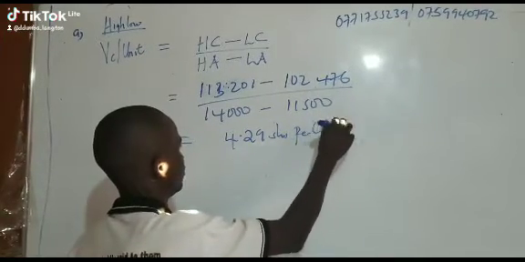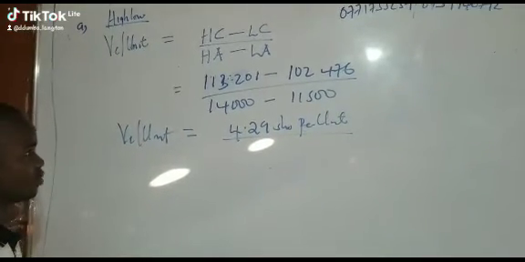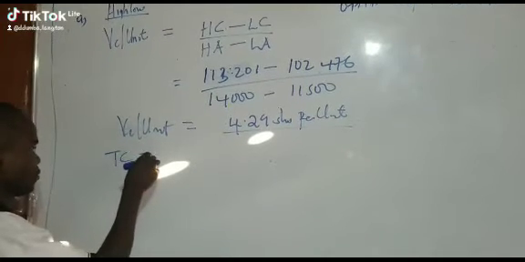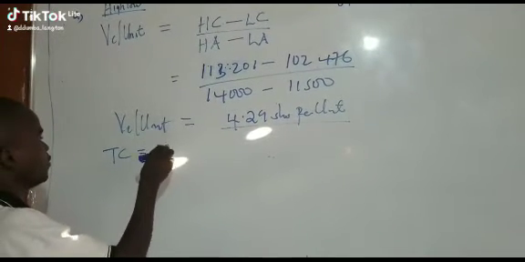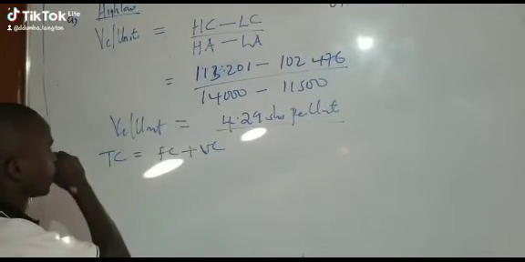But they told us to analyze this into variable and fixed costs. We know that total cost equals fixed cost plus variable cost.